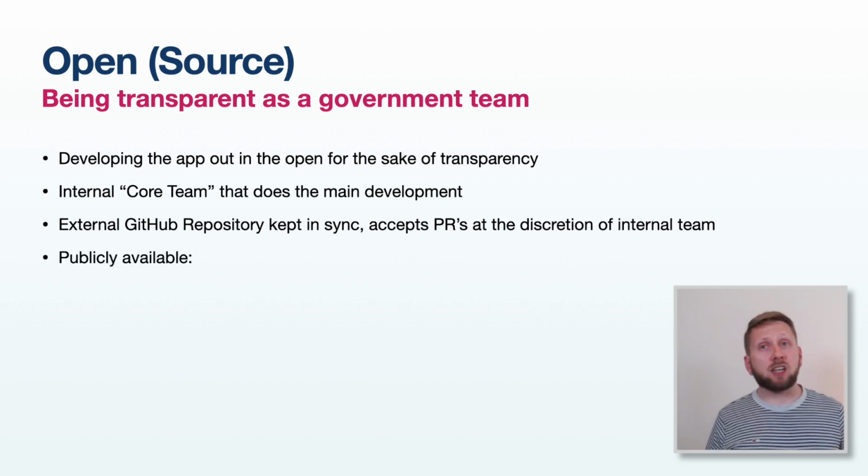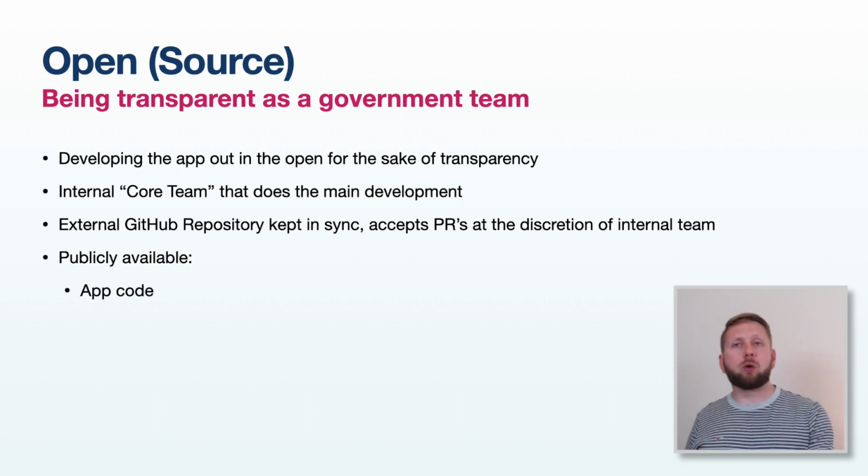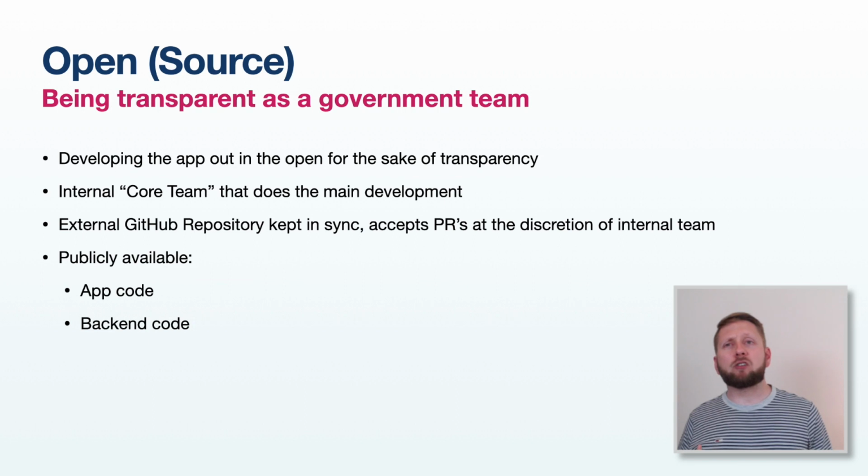But besides the code itself, we actually open source a lot more. So we have the application code, of course, for iOS and Android. We also open source the backend code, where you can see what the backend is doing, how it's storing these logs, how it's comparing, how the API is functioning for the app.